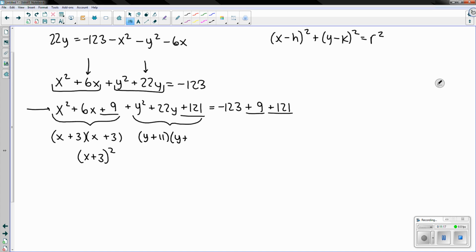You can condense that down into y plus 11 squared. And again, that shortcut we saw as another way to represent the area of our square was just x plus b over 2 squared. We can see that the constant value that appears at the end is in fact b over 2. Now remember, there's a plus in between here. And then at the end, we're going to condense this all down.